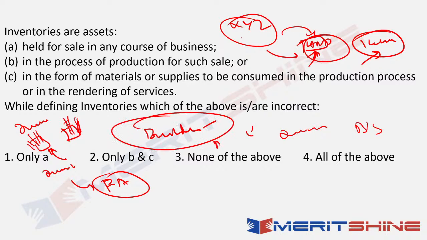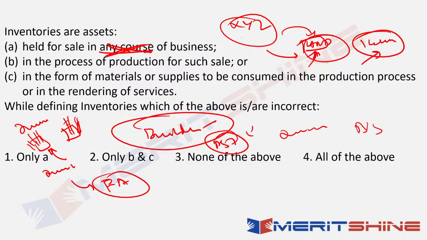And for that we have AS 7, if I remember correctly, which explains that. But please try to understand that nature of business is very important, and hence this statement: inventories are assets held in the ordinary course of business. For a builder, what is the ordinary course of business? Making buildings on that land. For him, land is his inventory.